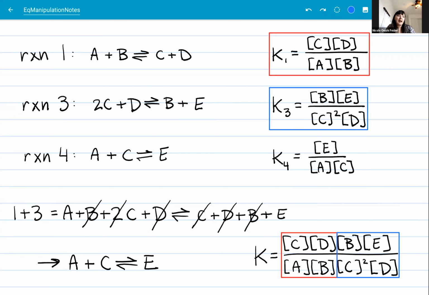When you add two reactions together, the new K constant is just the product of those equilibrium constants. So in summary, the reverse reaction results in the inverse K constant. Multiplying the reaction results in K to the power of that scalar, and adding reactions together results in the product of their K constants.